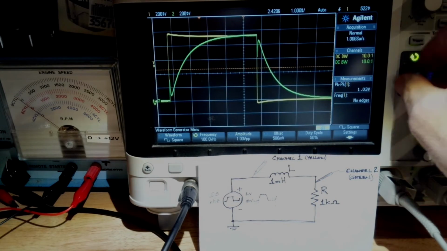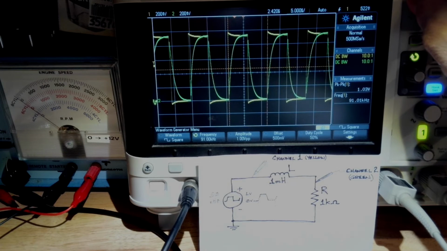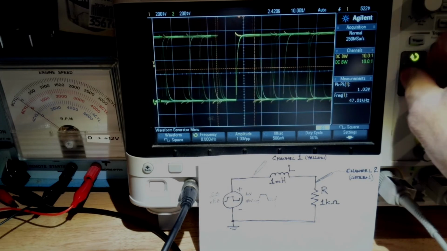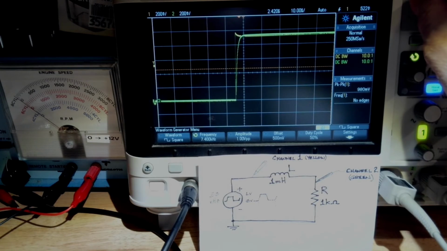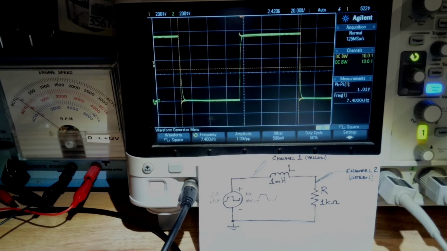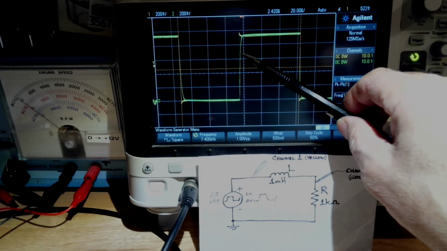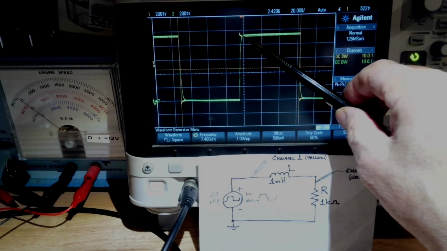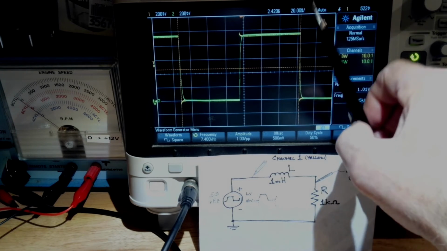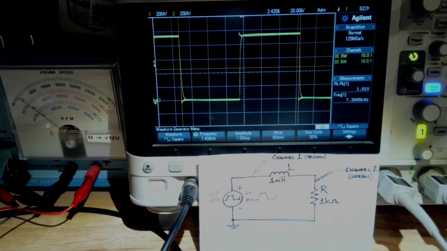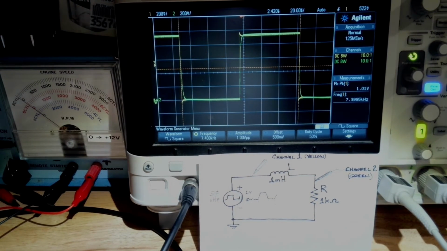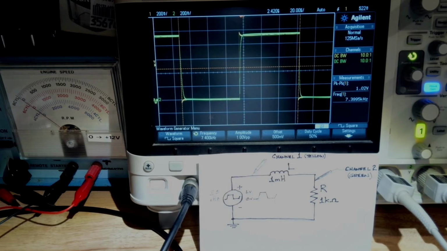And if I have way more than enough time, then it's slowed down on this edge, but compared to the overall time, it's not that slowed down. So that's basically what inductance does.